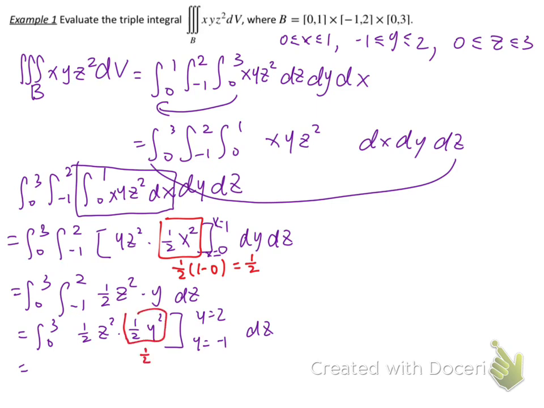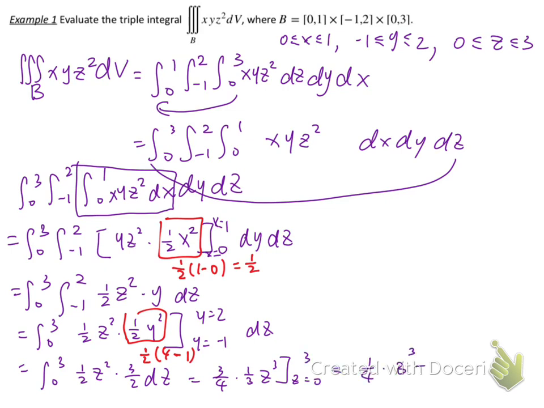This will be 1/2 times (2 squared minus (-1) squared), which is 3/2. Then the whole thing will be from 0 to 3, 1/2 z squared times 3/2 dz. This is 3/4 times one third z cubed, z from 0 to 3. And this will be one fourth times 3 cubed, which is 27/4.